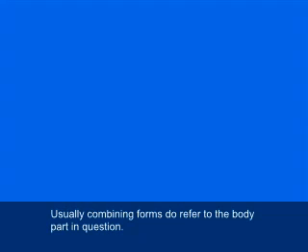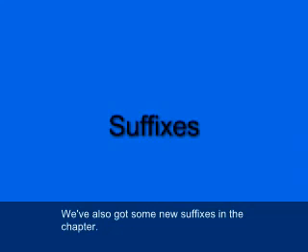All right, those are word parts that relate to anatomy, and you'll notice they're all combining forms. Usually combining forms do refer to the body part in question. We've also got some new suffixes in the chapter, and suffixes usually refer to a pathology or procedure.